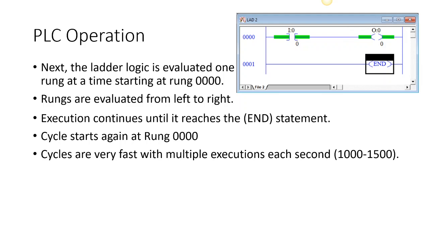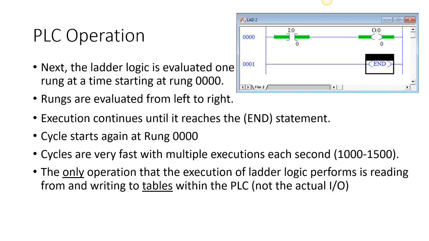When we were in manual motor control, the electricity that was running through the lines is basically traveling at the speed of light, which is faster than 1,000 to 1,500 times per second. So PLCs are extremely fast, but they're still not as fast as the manual motor control wiring that we did prior.